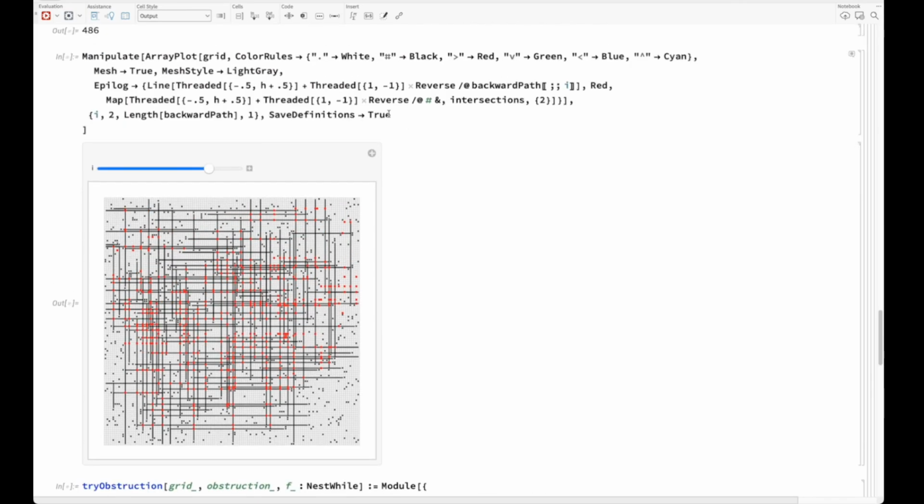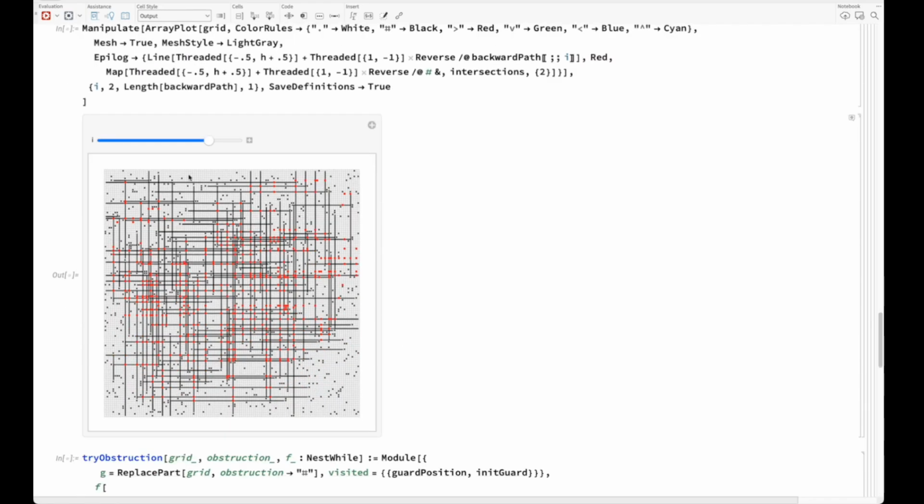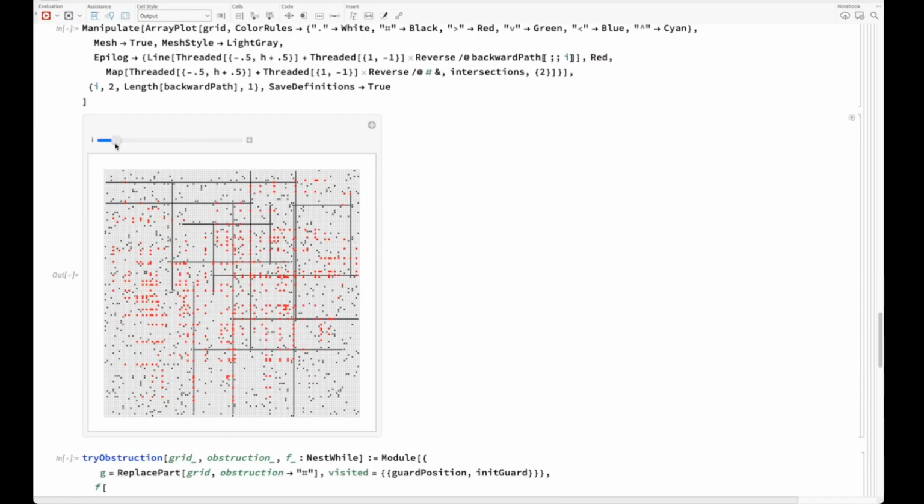In order for the guard to trace a cycle, we tried to come up with some clever solutions, like finding the intersections. That's what those red dots are, trying to compute the intersections of lines that you extend along the trajectory of the guard.